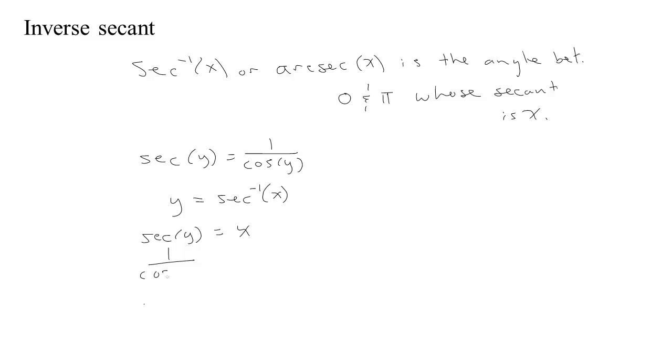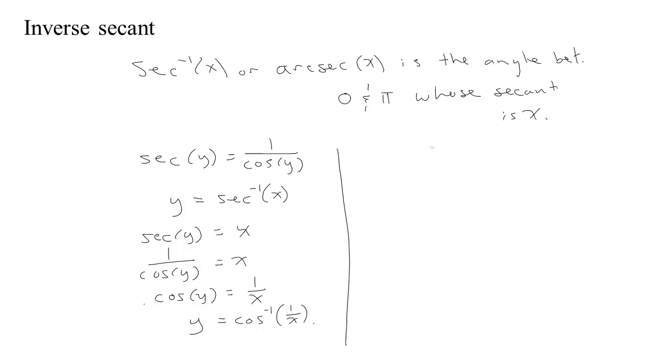But if the secant of y is x, 1 over the cosine of y is x. That would mean that the cosine of y is 1 over x, and y is an angle between 0 and pi, and cosine inverse is an angle between 0 and pi, so y must be the cosine inverse of 1 over x.